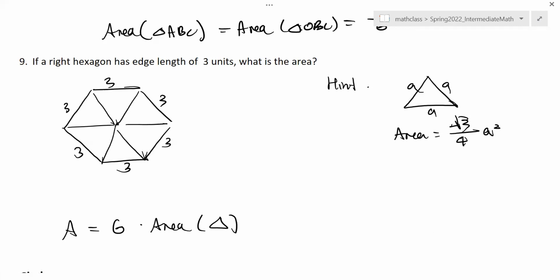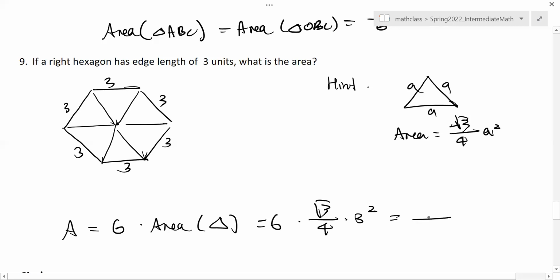Then you know the formula: 6 times square root of 3 over 4 times 3 squared. After simplifying, 6 is 3 times 2, so it simplifies to 27 square root 3 over 2.